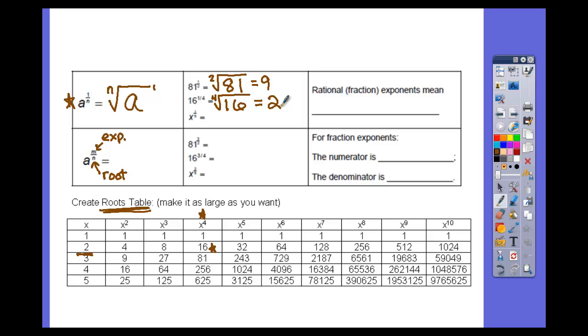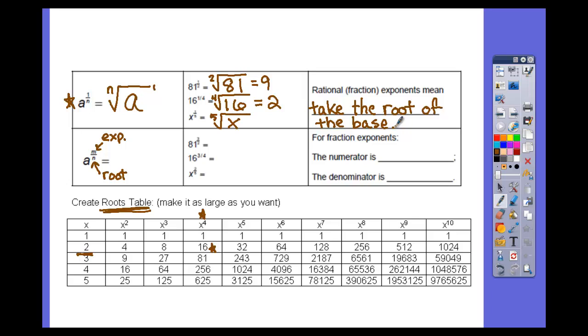And I believe that is x to the 1/5, so you would be doing the 5th root of x. So rational fraction exponents mean take the root of the base.